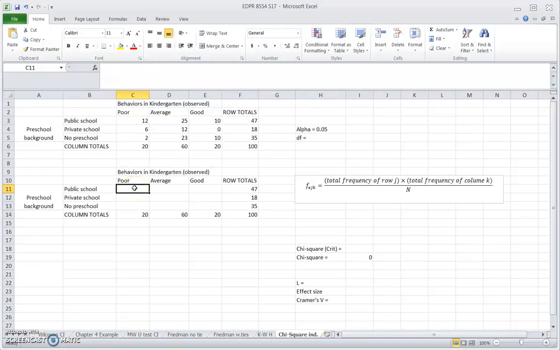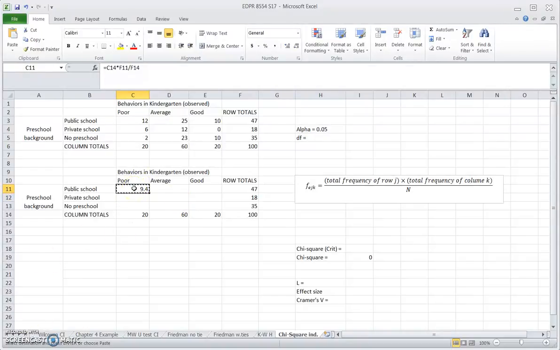Which means, for kids who attended public preschool and who were rated poor in kindergarten, for this particular cell, the expected frequency equals the total of the column times the total of this row divided by the total sample size.